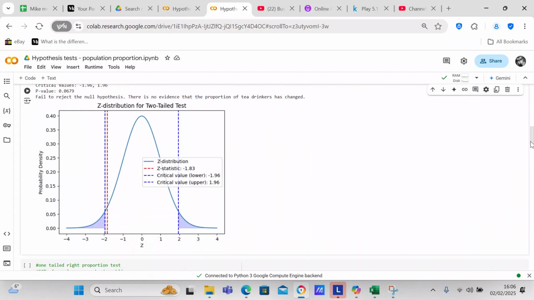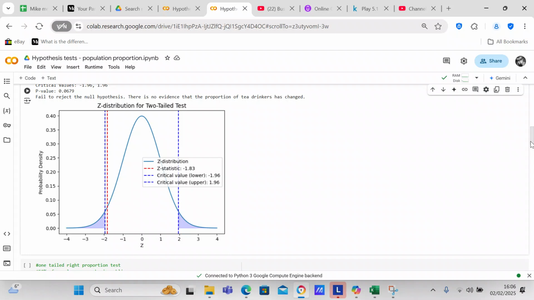This is the diagram where we plotted the z distribution, which is also a normal distribution.